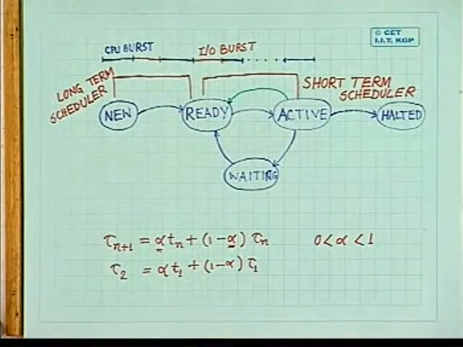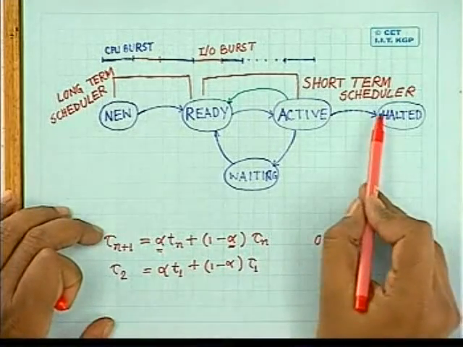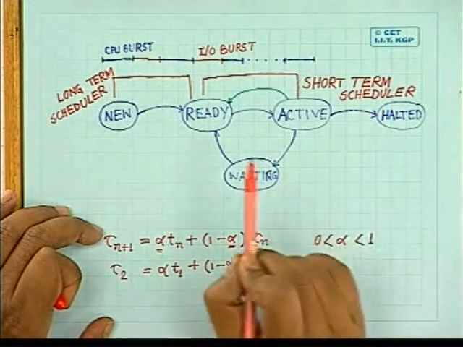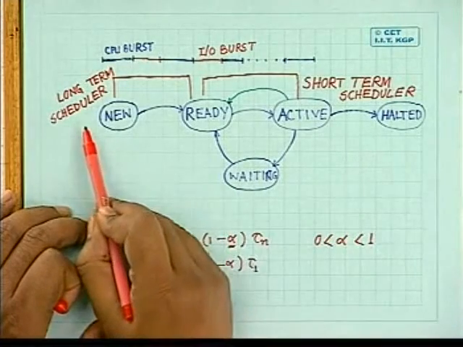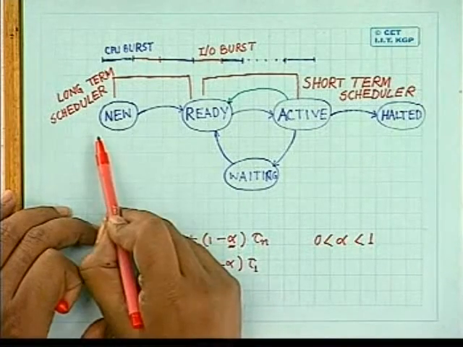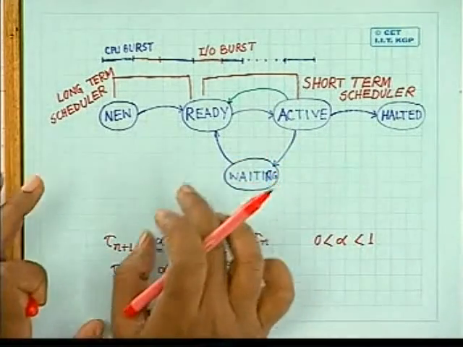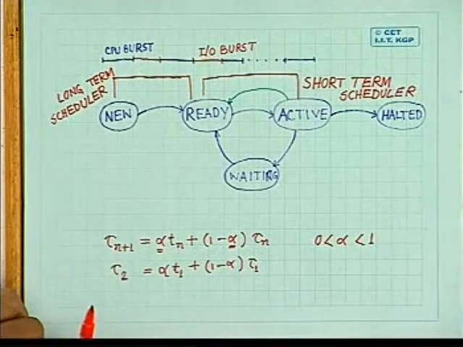So in a system, I can have two kinds of schedulers. One is a short term scheduler which decides which job has to be given to the CPU for execution, and I have a long term scheduler which decides what are the jobs which should reside in the main memory. That means what are the jobs which should be there in the ready queue.